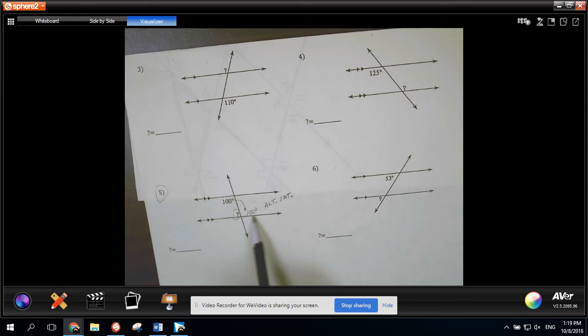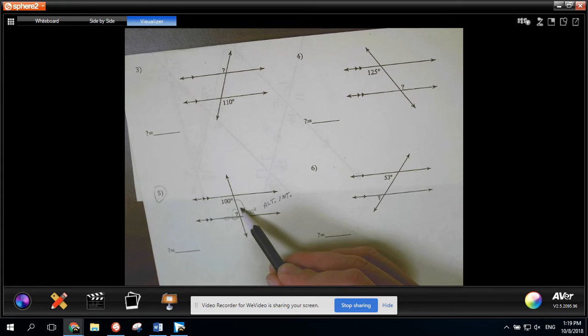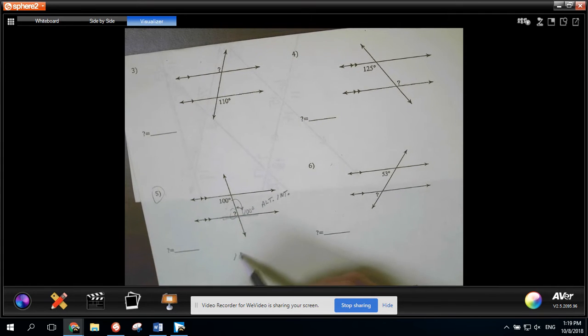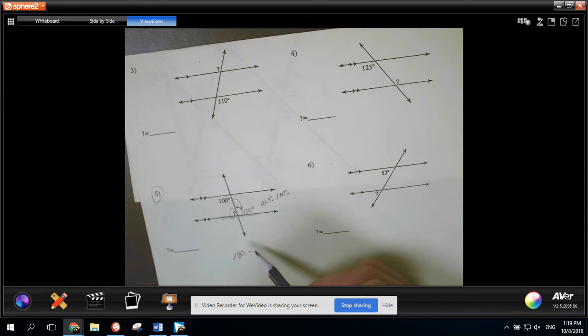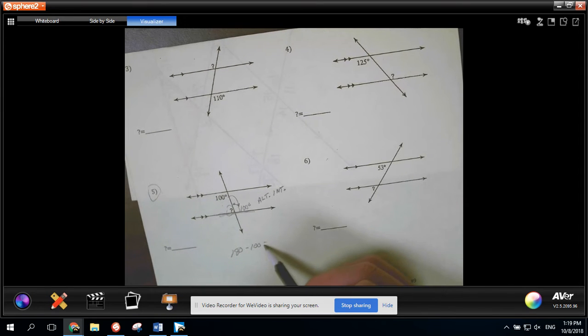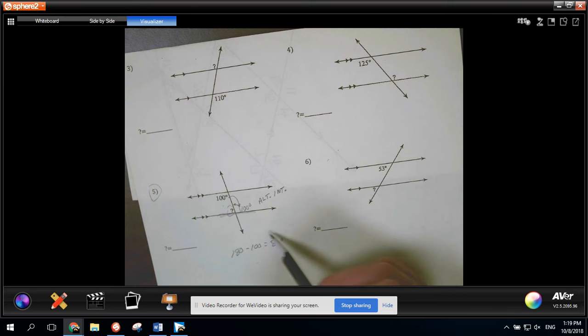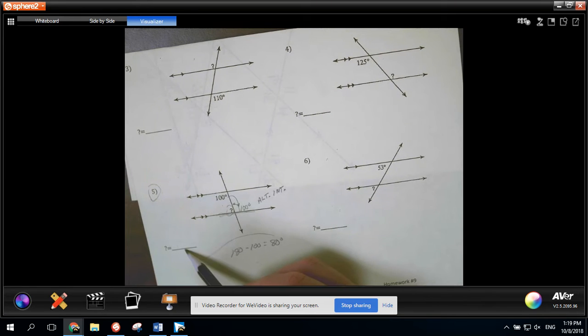This is a straight line here, and all straight lines add up to 180 degrees. So if here to here is 100, we just do 180 minus 100, and we find out that our missing angle is 80 degrees. Okay, so just kind of a 2-step process.